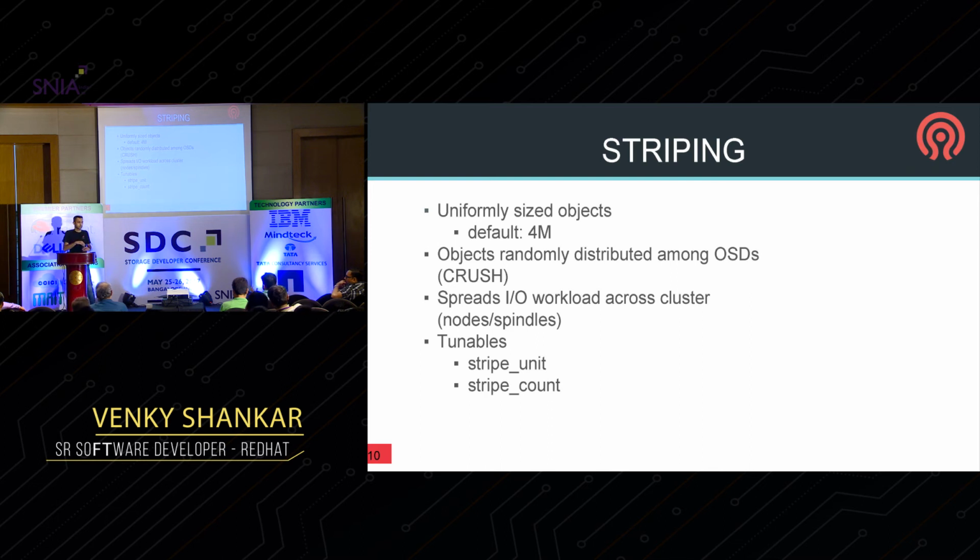What do you mean by contiguous? Yeah, so 0 to 4 MB minus 1 is the first chunk, and things like that. So it lives on one OSD, but it's replicated to other OSDs.